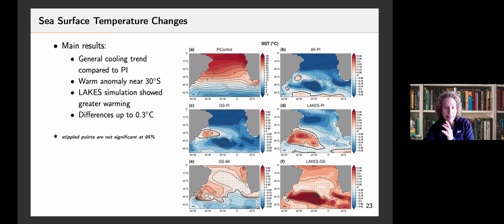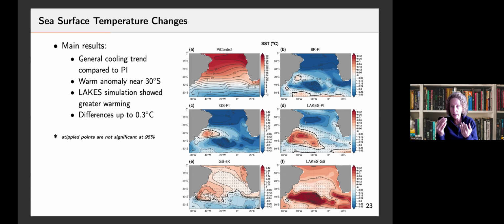We can see now that we have a general cooling, but we do have an enhanced warming also in the western coast of South America, but that extends all the way into the mid-Atlantic.